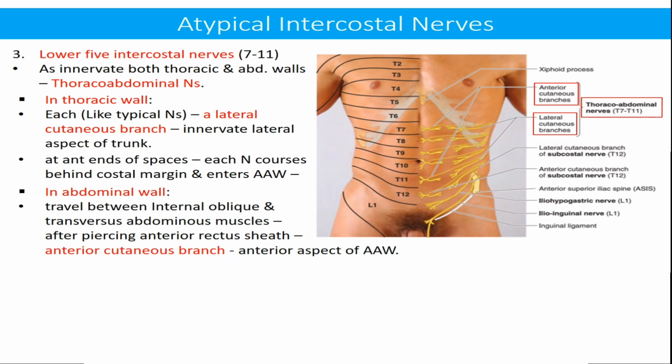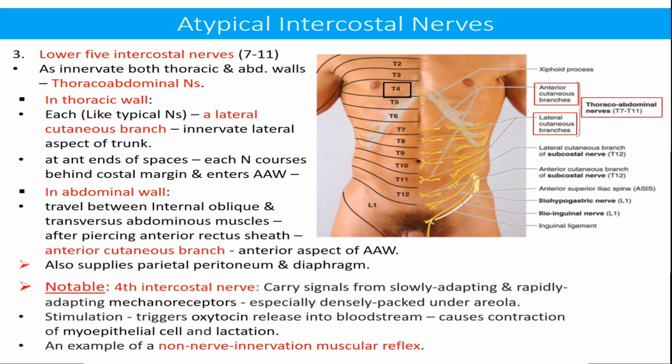After piercing the anterior rectus sheath, it becomes the anterior cutaneous branch which innervates the anterior aspect of the anterior abdominal wall. Each intercostal nerve also supplies the parietal peritoneum and the diaphragm.